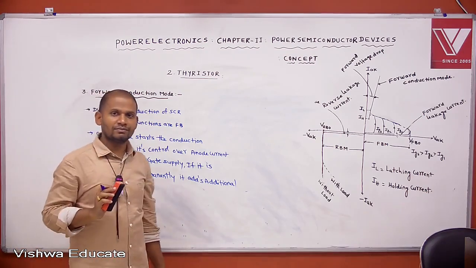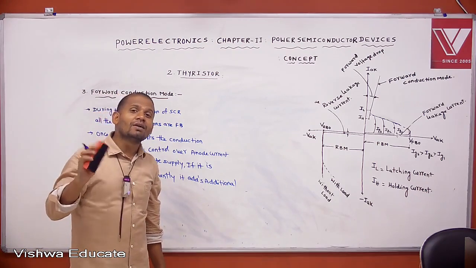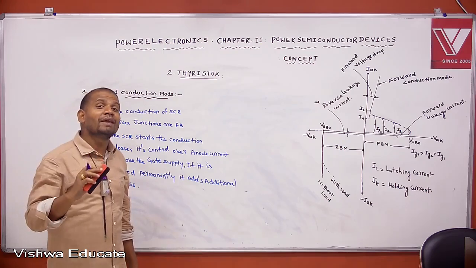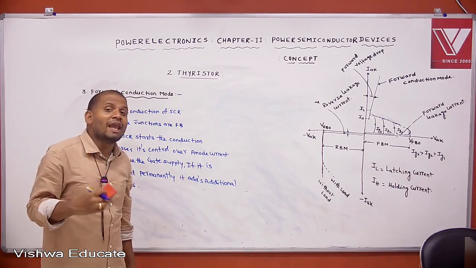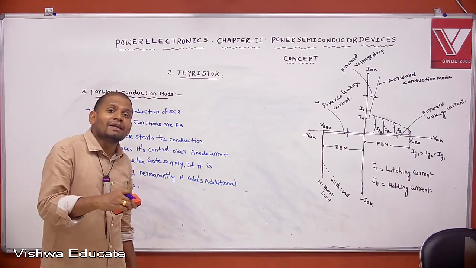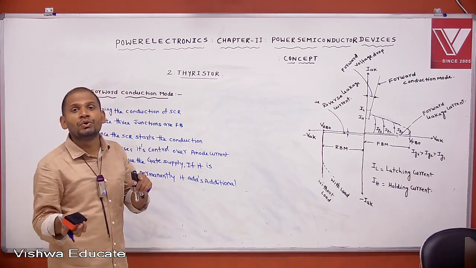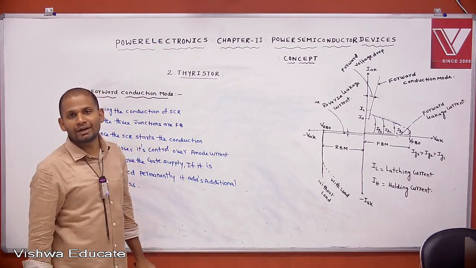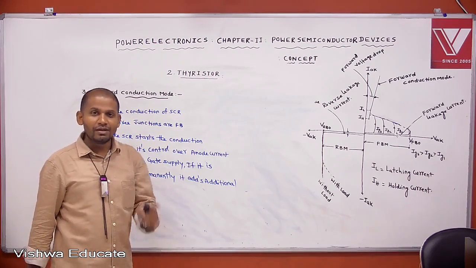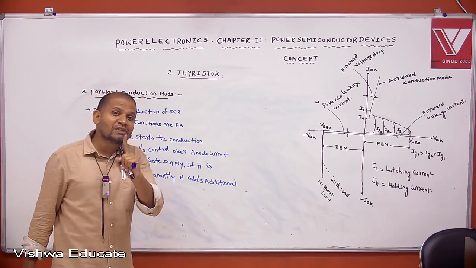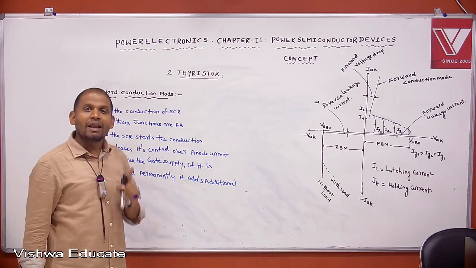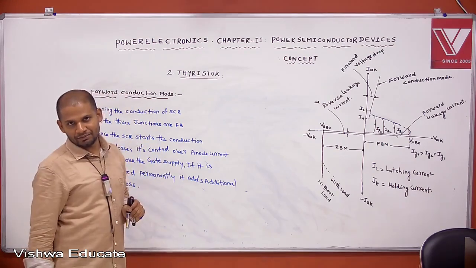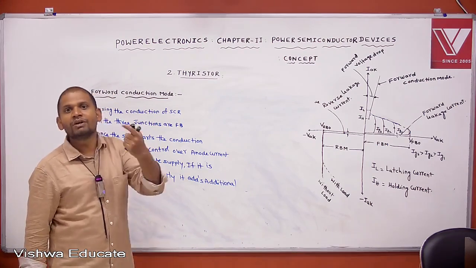That current is called latching current. If the gate supply is removed before reaching the latching current, then the SCR automatically comes into forward blocking mode. It cannot enter into forward conduction mode. That's why the latching current is the reference for turn on of SCR. The latching current is the reference at which you remove the gate supply for reliable turn on of SCR.